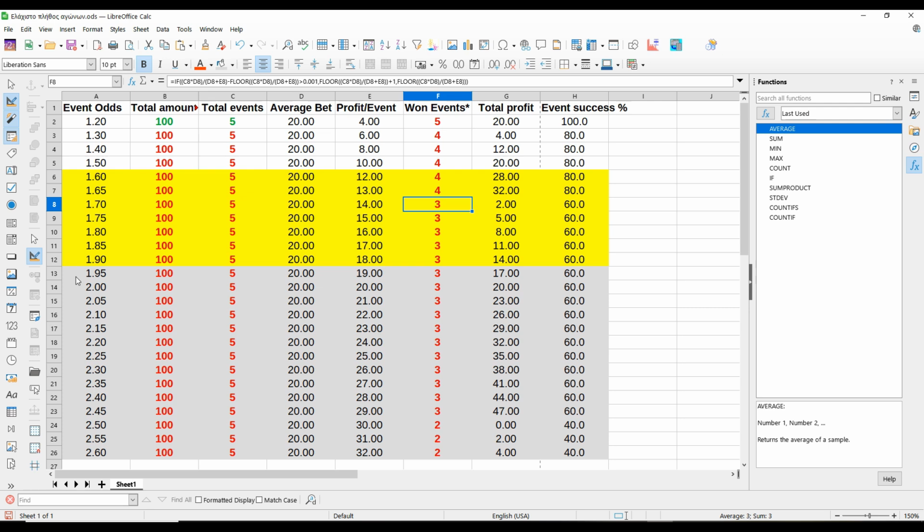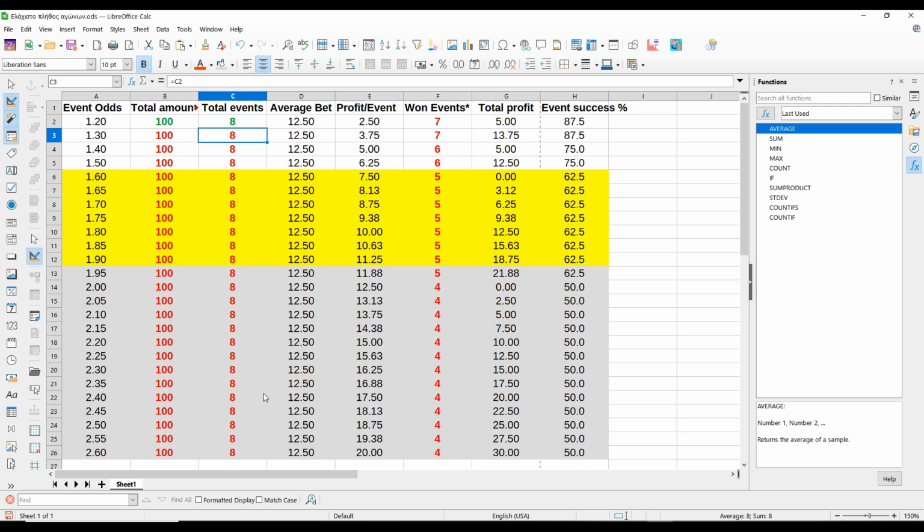In this case, when the odds have the value of 1.7, then we need to win at least 3 of the bets. Let's put here 8. As you can see, when the odds of all the bets are equal to 2, then we need to win at least 4 of them to break even.